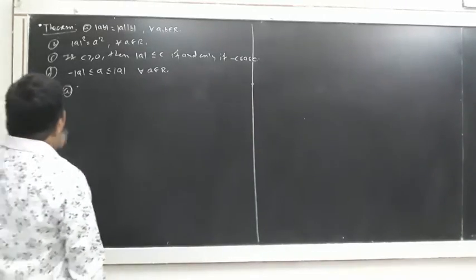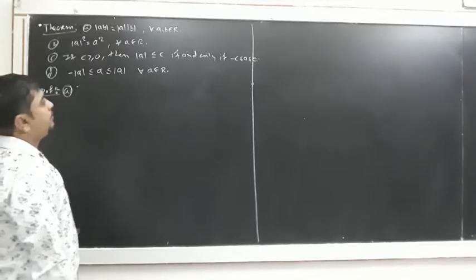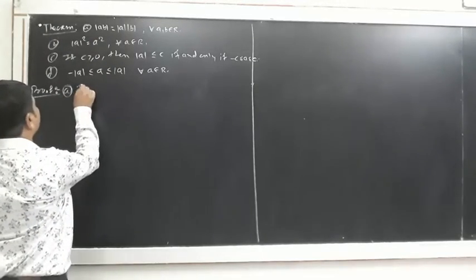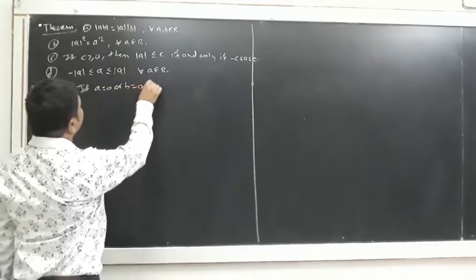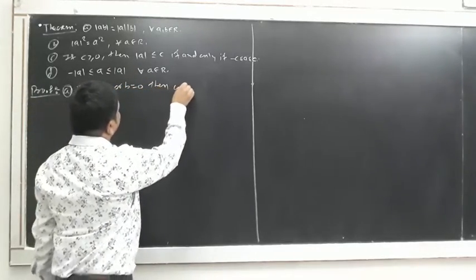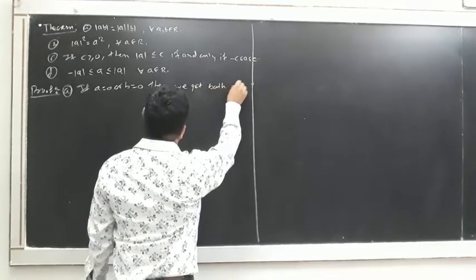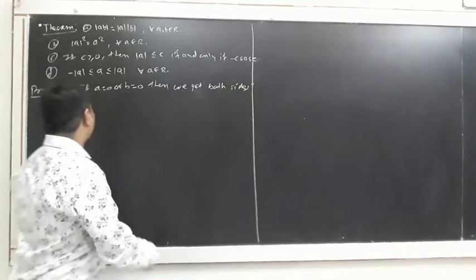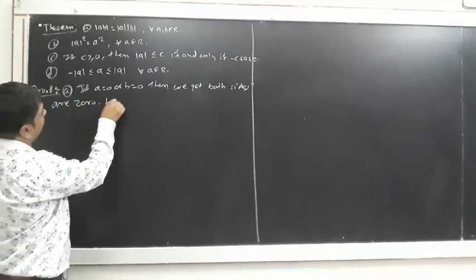First, mod of AB is equal to mod A into mod B for all A, B belonging to R. If A is equal to 0 or B is equal to 0, then both sides are 0. Hence proved.